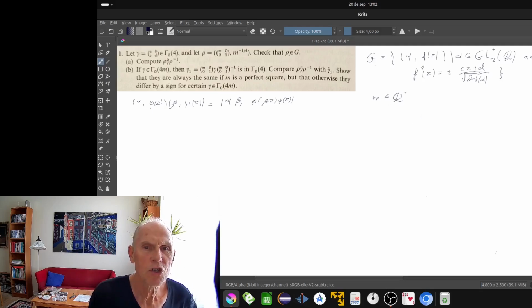And then we must check that this condition holds, and that is that the right hand side is plus minus 1 divided by the square root of m.